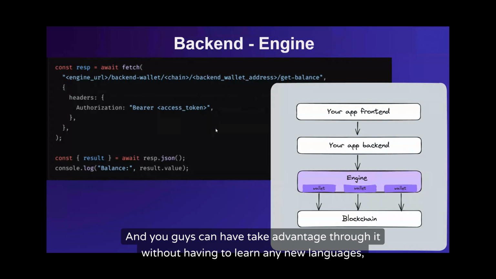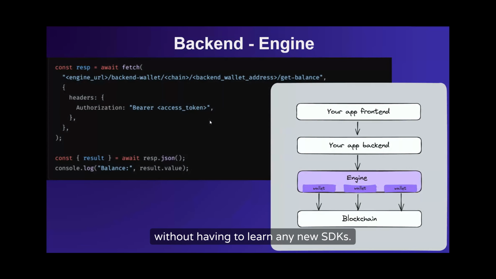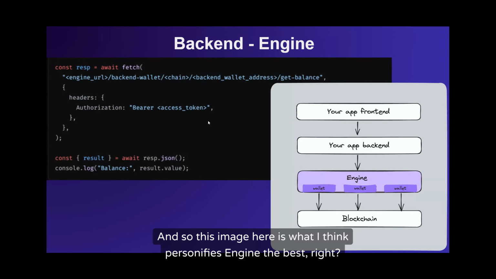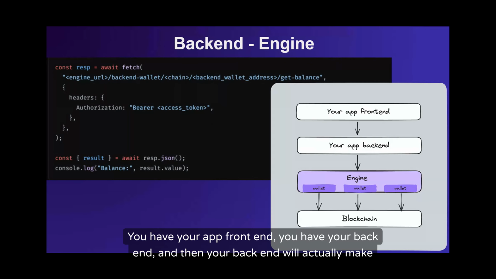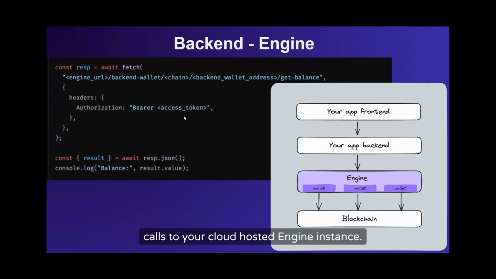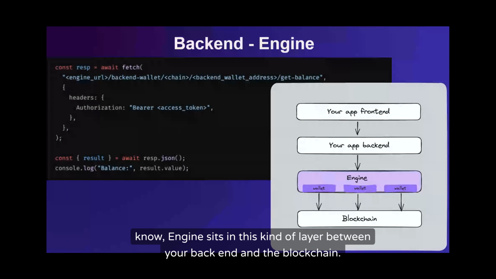And you can take advantage of it without having to learn any new languages, without having to learn any new SDK. And so this image here is what I think personifies Engine the best, right? You have your app front end, you have your back end, and then your back end will actually make calls to your cloud hosted Engine instance. Engine sits in this kind of layer between your backend and the blockchain.